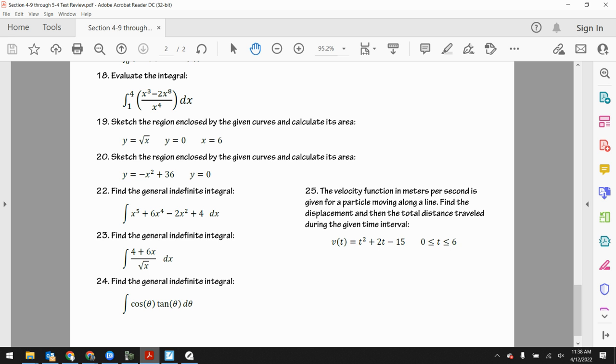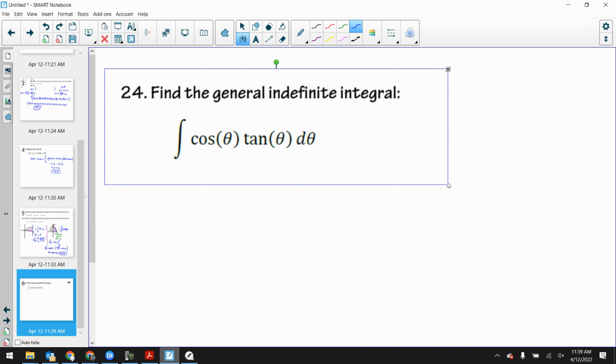24. Now 24, you may be tempted to try to find the integral using tangent. I would say resist temptation. Try to manipulate it a little bit before you find the integral. Here's what I mean by that. What is just tangent equal to?